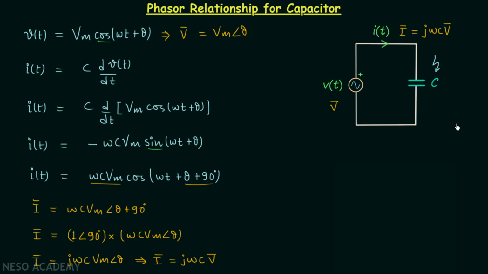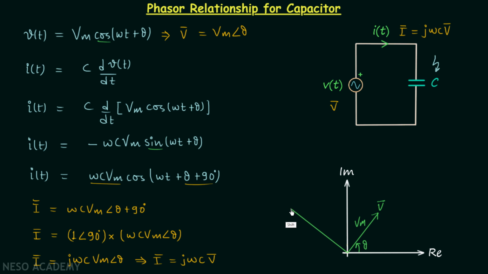Now moving on to the next part, we will plot V phasor and I phasor. V phasor is equal to Vm angle theta. So we will have a vector like this. V phasor magnitude is Vm and it is making an angle theta, and I phasor you can see is equal to omega C Vm angle theta plus 90 degrees.